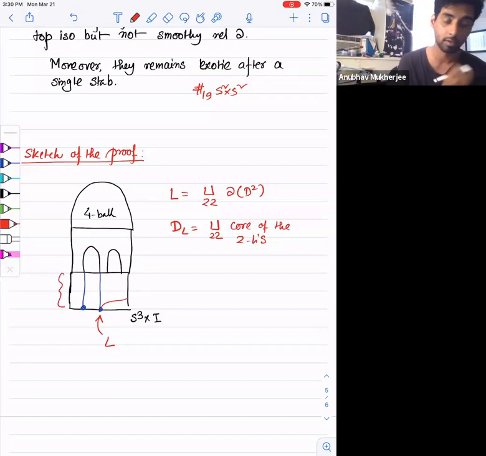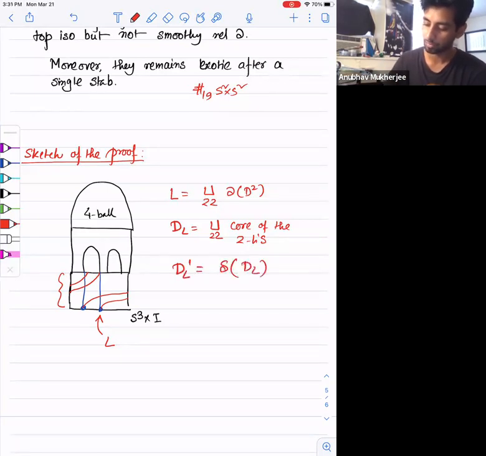If we do so, the Dehn twist twists this part of the two-handles, and everything else remains exactly as it is. So DL prime is just applying the Dehn twist on each of these disks. Okay, so this is our DL prime.